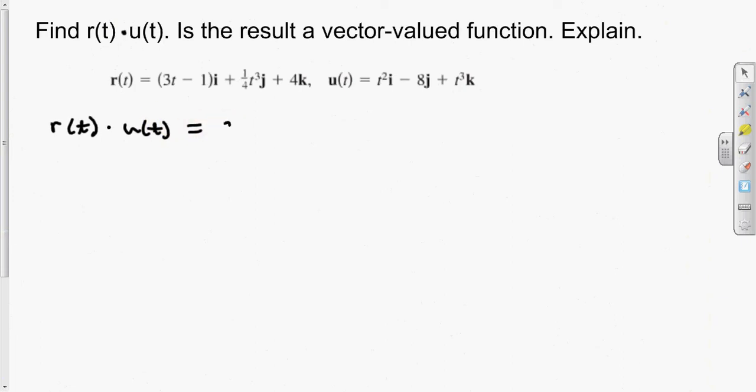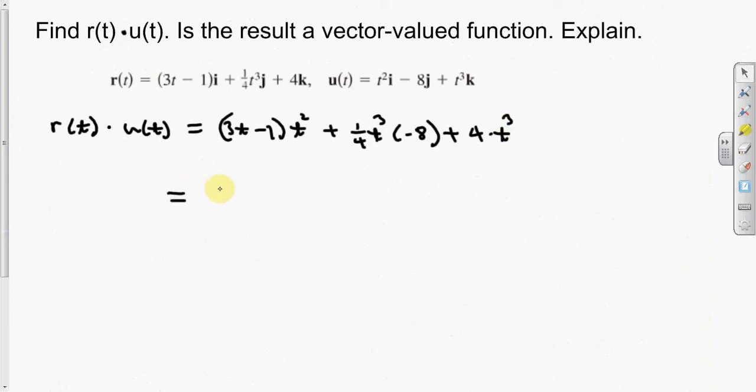So that becomes the 3t minus 1, and that's times their corresponding terms, so 3t minus 1 times t squared, and then plus 1 over 4 t to the third times negative 8, and then plus the k parts, this is 4 times t to the third.